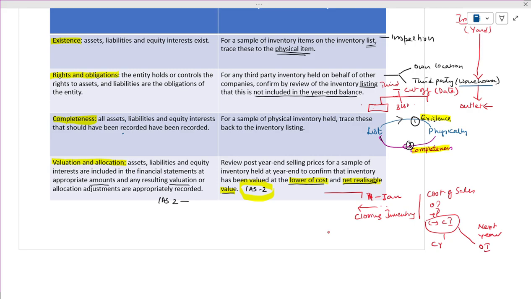This is the reason it is post year end. Closing inventory is very significant, because it will be part of the opening inventory, and these two balances should match and be consistent.